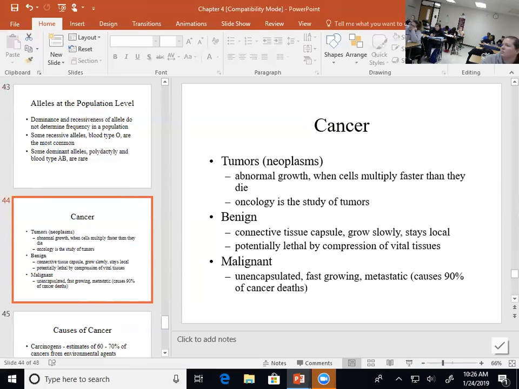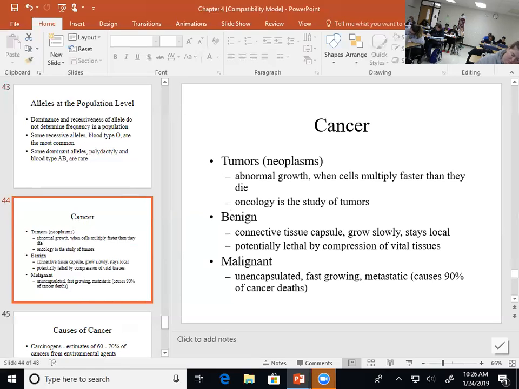If that unencapsulated thing would just stay where it is, it probably wouldn't cause any death. But they don't, and this is the problem. They end up going to other locations and then causing problems in multiple locations. This is called metastatic cancer. Metastasis is just the process of these cancer cells moving, metastasizing.